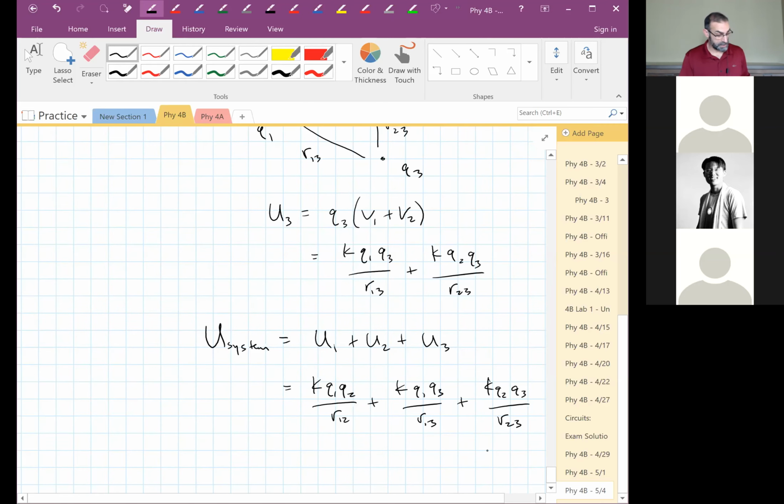For three charges, you end up with this. And for this equation, the trick here is the Q's, where am I here? I'm running out of room. Q's can be positive or negative. Use the correct sign.